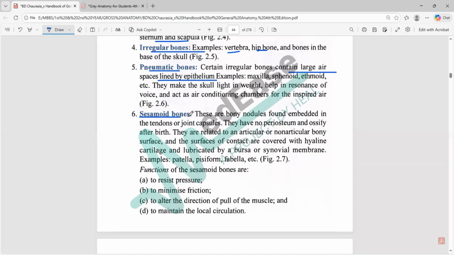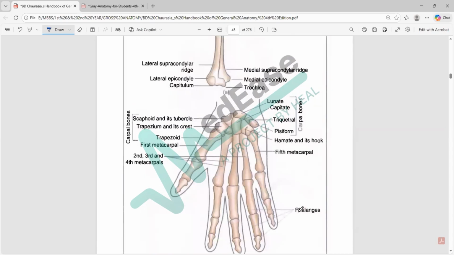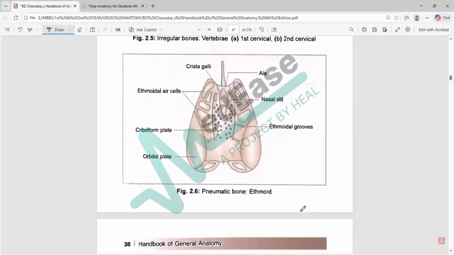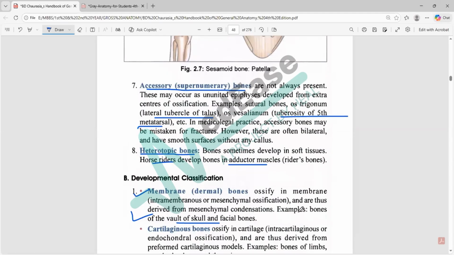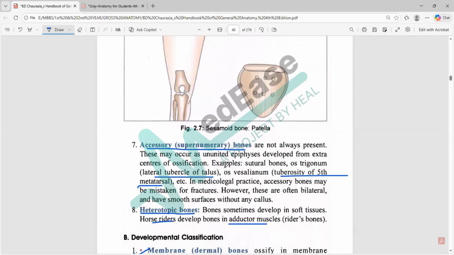Then we have the sesamoid bone, which is developed in the tendons of the muscles. This includes the patella, the pisiform, or the fabella bones. Then we talk about further classification. We move to the accessory or supernumerary bones, which are not always present, and these develop like the lateral tubercle of the talus, or the tuberosity of the fifth metacarpal or metatarsal.